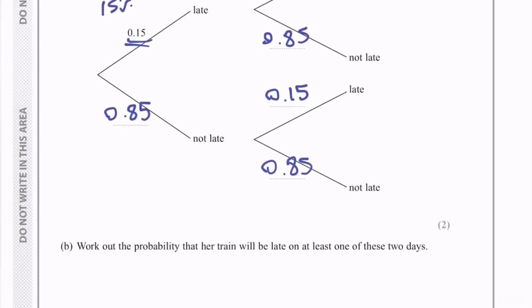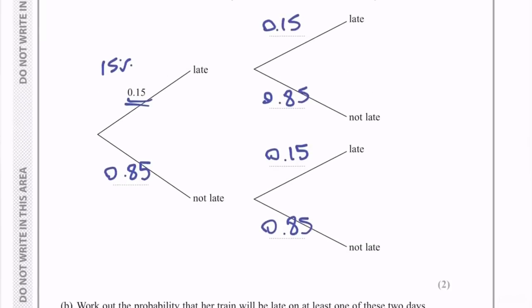Now it says as part B, work out the probability that her train will be late on at least one of these 2 days. Now at least one of these 2 days means she can be late on both days as well, can't they? So she could be late and late, she could be late and then not late, and she could be not late and then late. So in all these three probabilities here, there's at least one of the days she's going to be late.